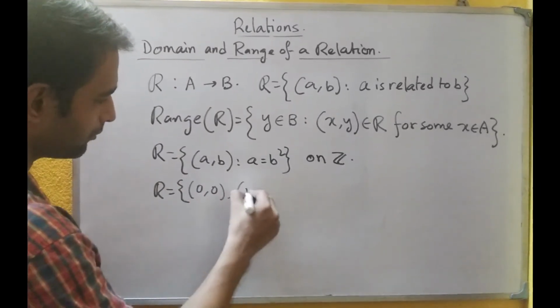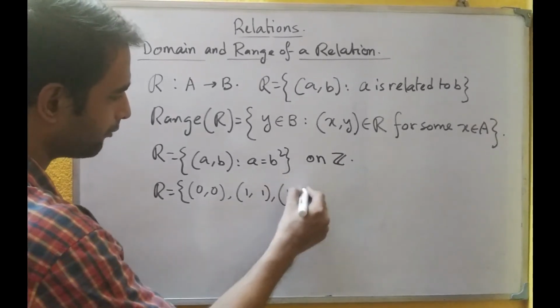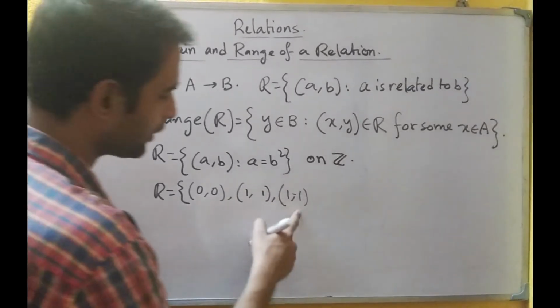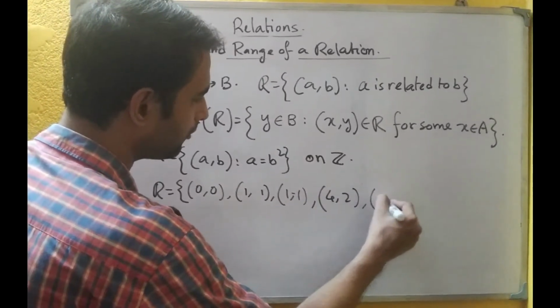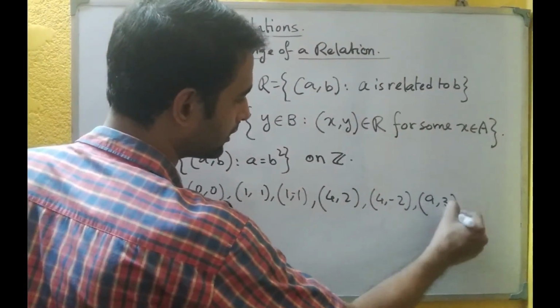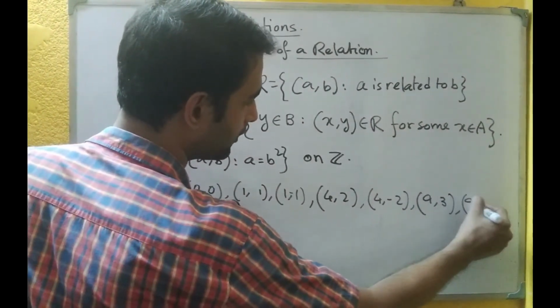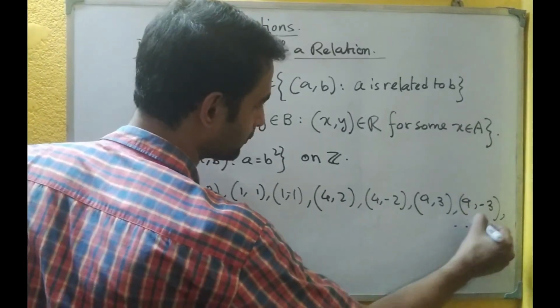That was 0, 0, 1, minus 1, 1, we write 1, 1 first, 1, 1, 1, minus 1, 4, 2, 4, minus 2, 9, 3, 9, minus 3, and so on.